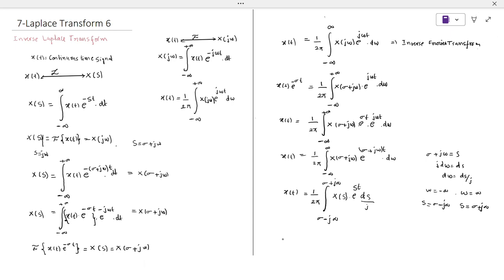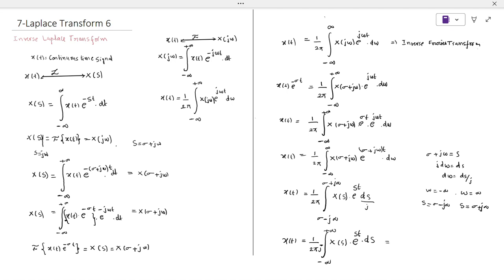So finally, we can write x of t equal to 1 by 2 pi j integral of x of s into e power st into ds.